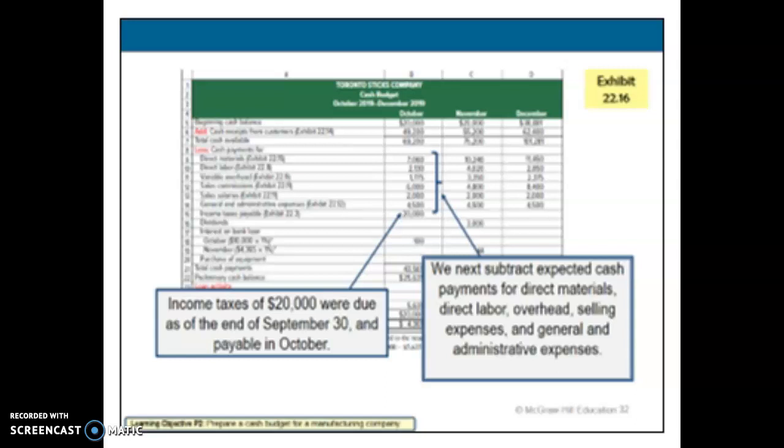We're going to be able to factor in all the scenarios it gave us. So that shows here that we have the income taxes of $20,000 that were due at the end of September, payable in October. We subtracted the expected cash payments for direct materials, labor, overhead, and selling and general administrative expenses. So now we can use some of the additional information affecting cash. So let's look at our next slide.